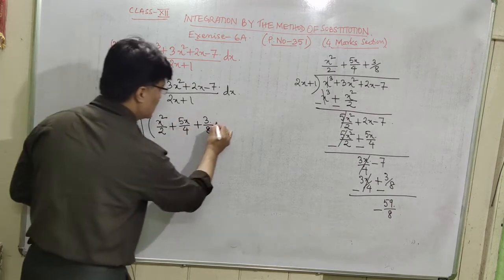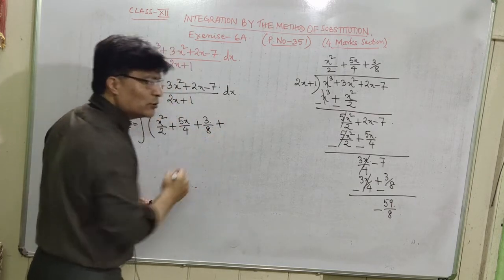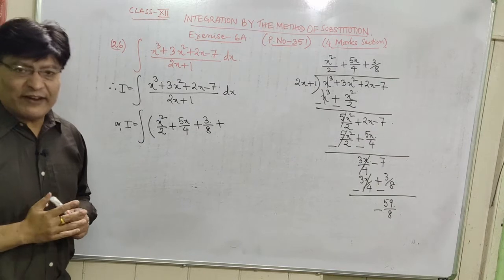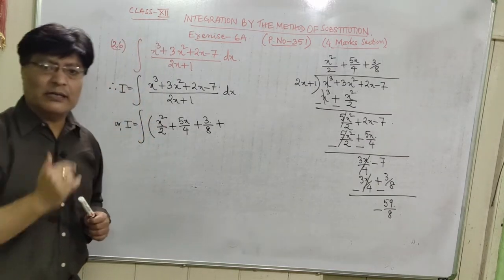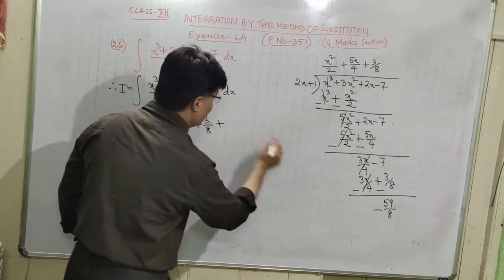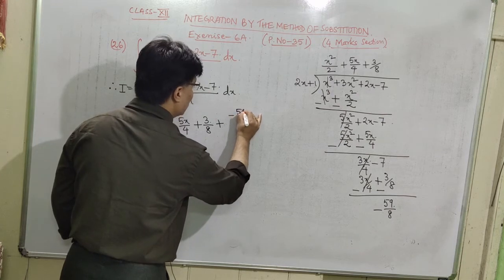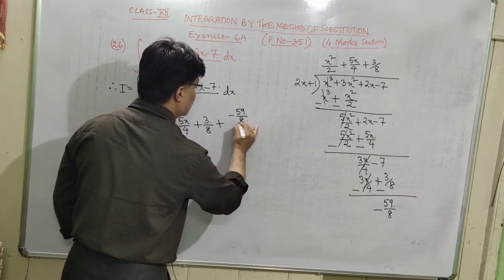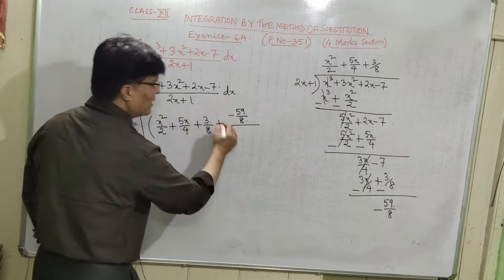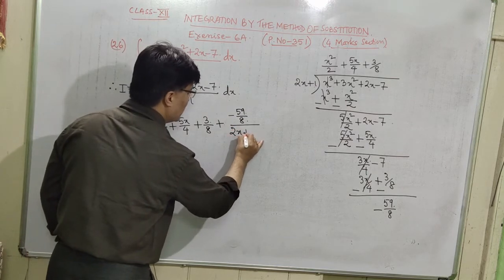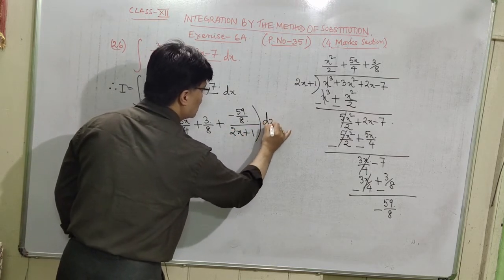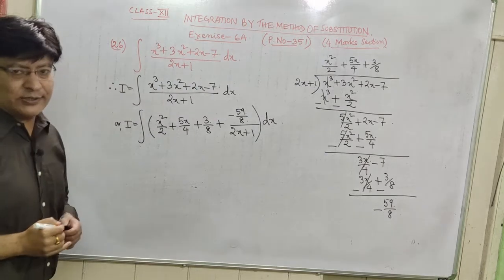This is the quotient. Plus, now you should write down the fraction. The fraction is remainder divided by divisor. What is the remainder here? It is minus 59 by 8 divided by, which is the divisor out here? It is 2x plus 1. Bracket closed. Then you can write dx.